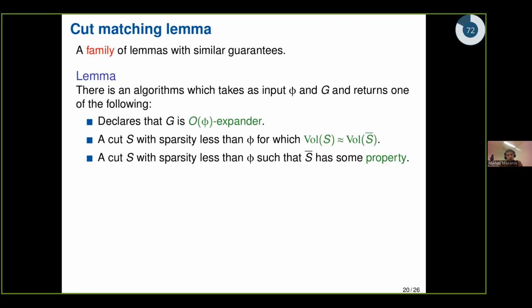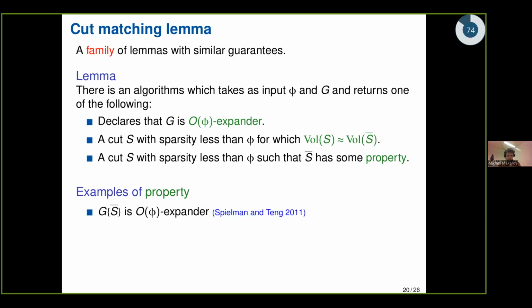Or it can return a cut S that has a sparsity less than phi, and that doesn't necessarily have the guarantee that it's balanced in volume, but it can give us some property on the bigger side of the cut. And this property can be a lot of different things.